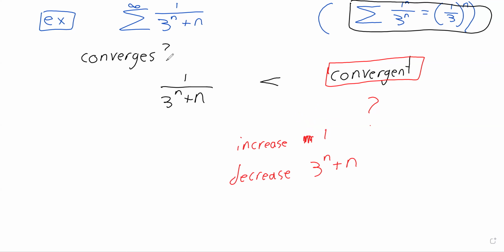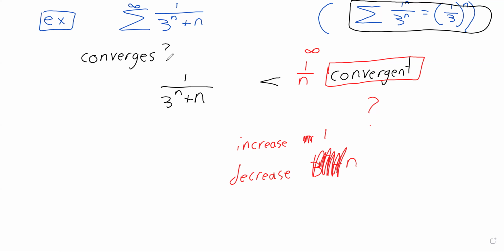And again, we have to do this in an artistic way. Because one way we could decrease 3 to the n plus n is to get rid of that 3 to the n. I mean, that certainly makes it smaller, but this is useless to us because 1 over n is not convergent. 1 over n is the harmonic series.